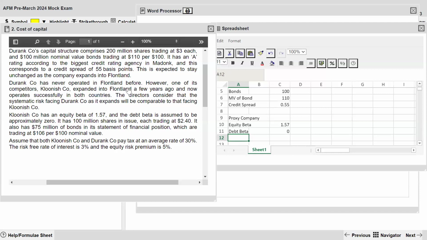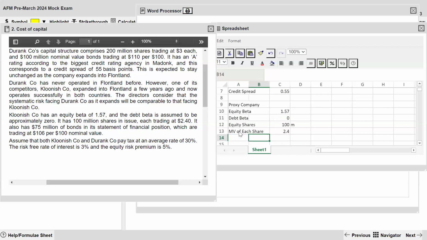The next situation is that the directors consider the systematic risk to be comparable. It has 100 million shares in issue, and the market value of each share is $2.4.